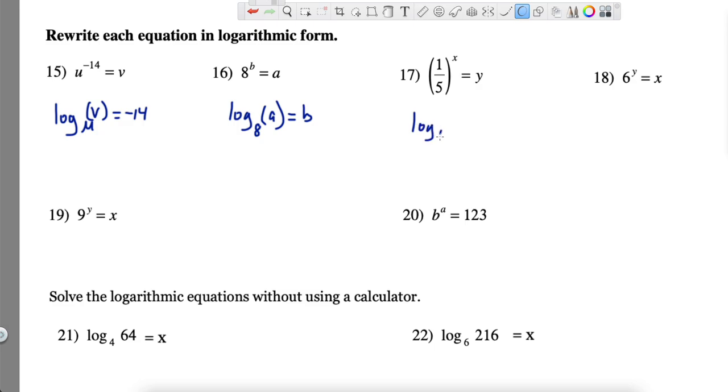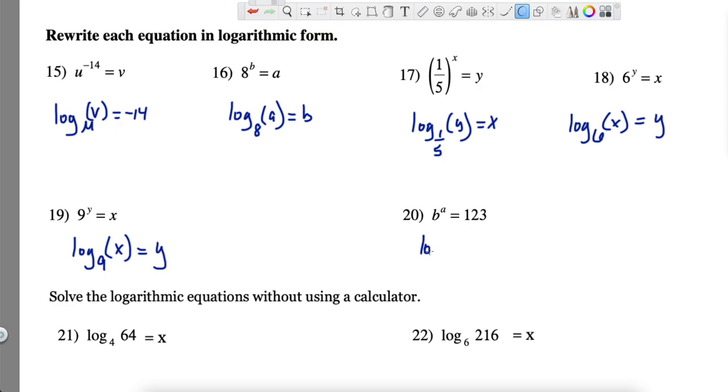Log base 1/5 of y equals the exponent x. Log base 6 of x equals the exponent y. Log base 9 of x equals y. Log base b of 123 equals the exponent a.